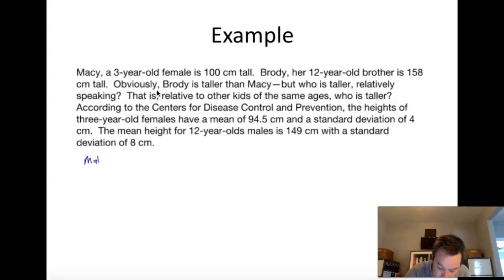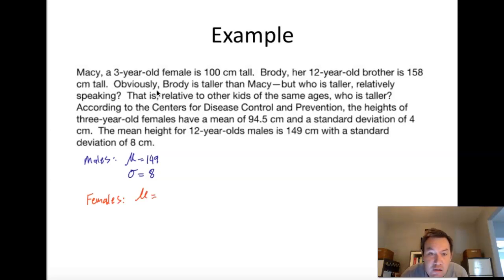So males had a mean of 149, so mean 149, and a standard deviation of 8, and then females had a mean of 94.5 and a standard deviation of 4.